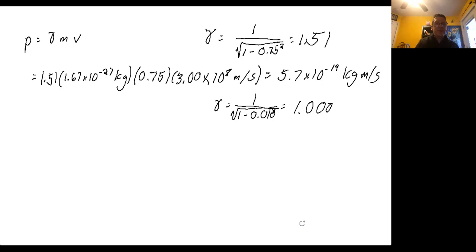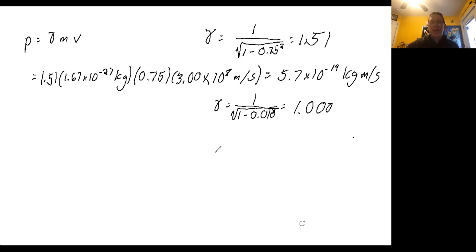So the percentage is basically going to be negligible for part A. Certainly to two significant figures, it's not going to change at all. You can find out what it's going to be if you knew it to greater precision, but it's going to be a very, very tiny fraction.